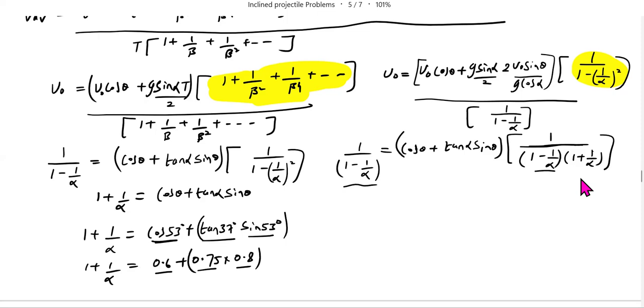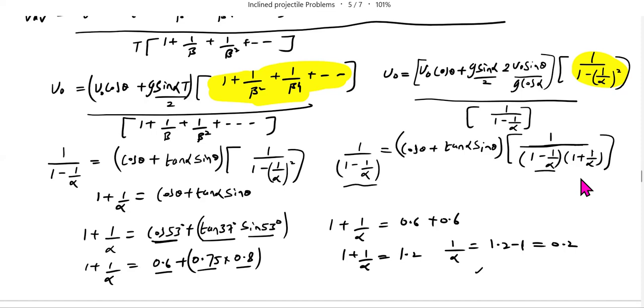And multiply 0.75 into 0.8, 0.6 will come. 1 plus 1 by alpha equal to 0.6 plus 0.6, so 1 plus 1 by alpha equal to 1.2. 1 by alpha equal to 1.2 minus 1, which is 0.2.